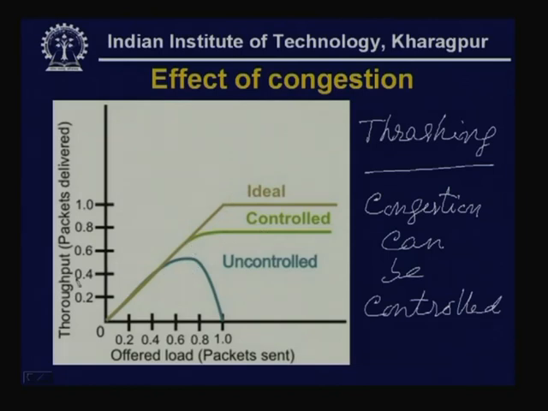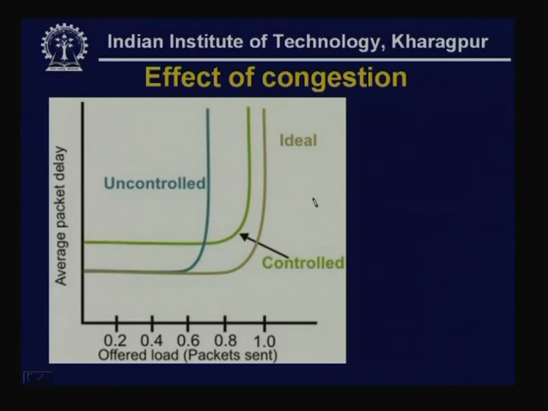So this is the effect of congestion on throughput, both in the uncontrolled and controlled cases, which we have discussed. Now let us see the other parameter, which is delay. Delay is a very important parameter.